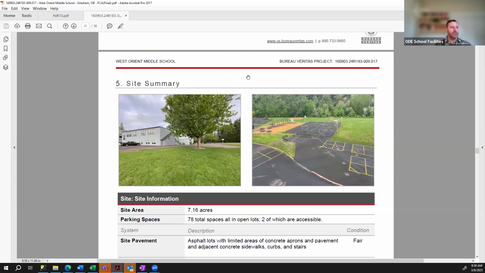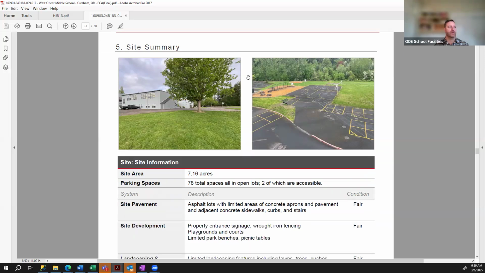They do a site summary as well, so you should be able to see your parking lots, play structures, sprinkler systems, fencing, that'll all fall under site summary.